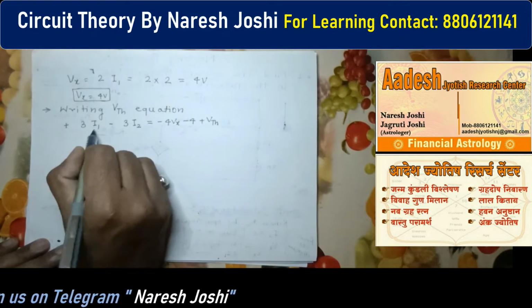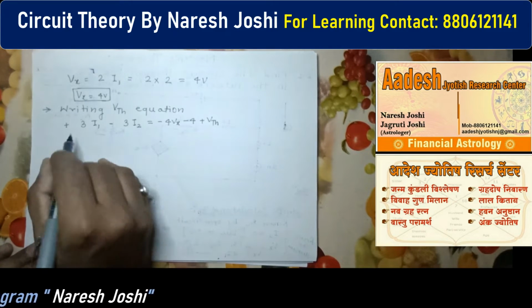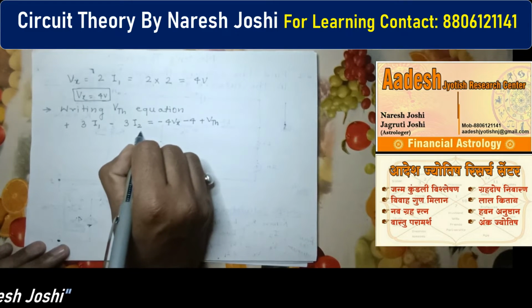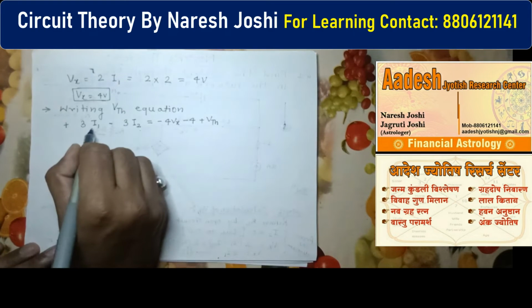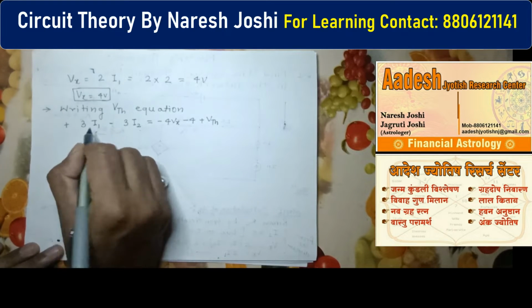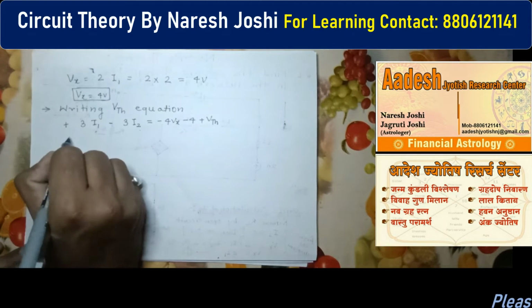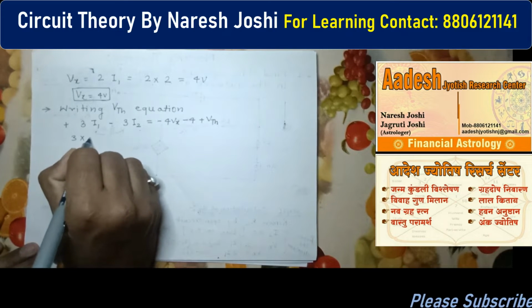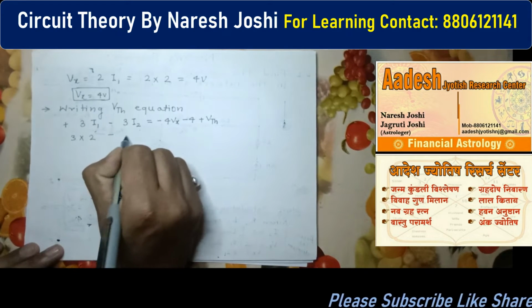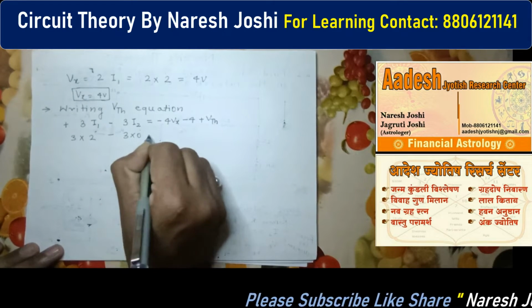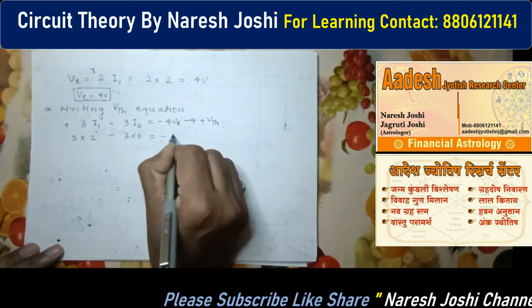So we have to put the value of I1 and I2. As you know, I2 is the open circuit, so it is already 0. Clear. And I1 equals 2 ampere, which we have already calculated. So this is 3 into 2 minus 3 into 0, and this equals minus 4.